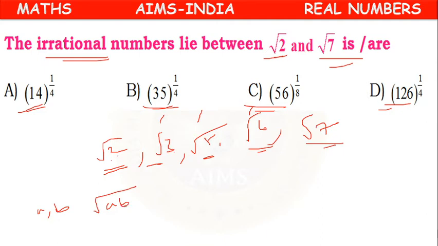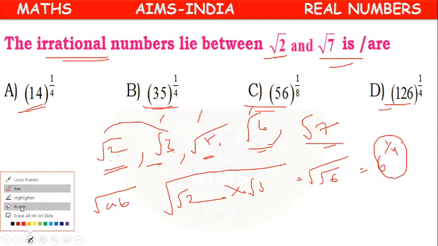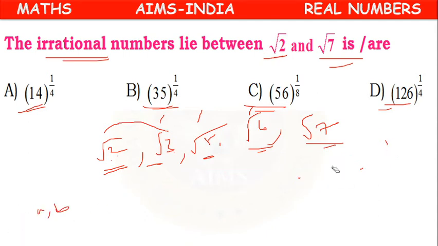But here, suppose between root 2 and root 3, root of root 2 into root 3. What we can write? Root of 6, or 6 to the power of 1 by 4 we can tell. That means, let's see the possibilities here.